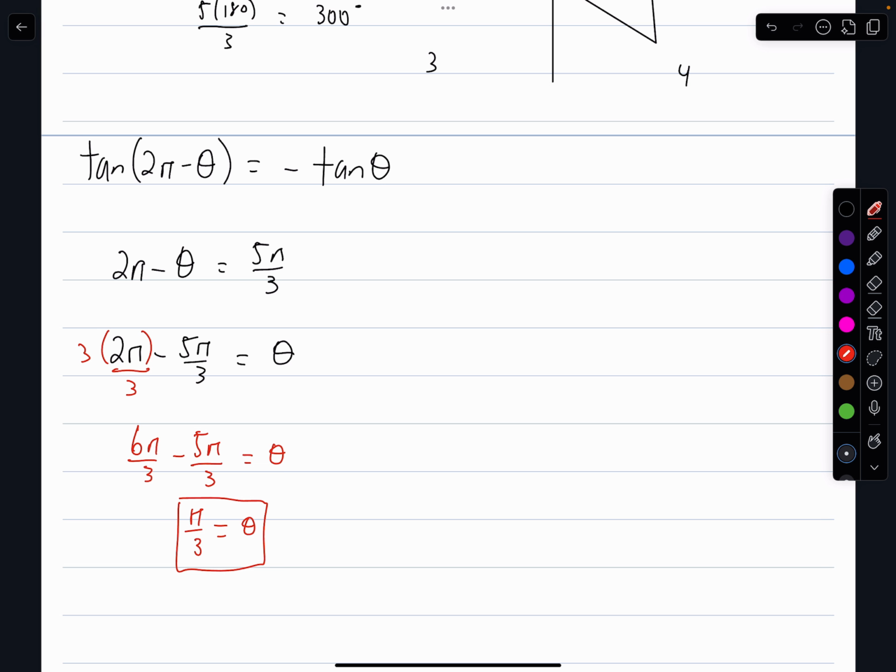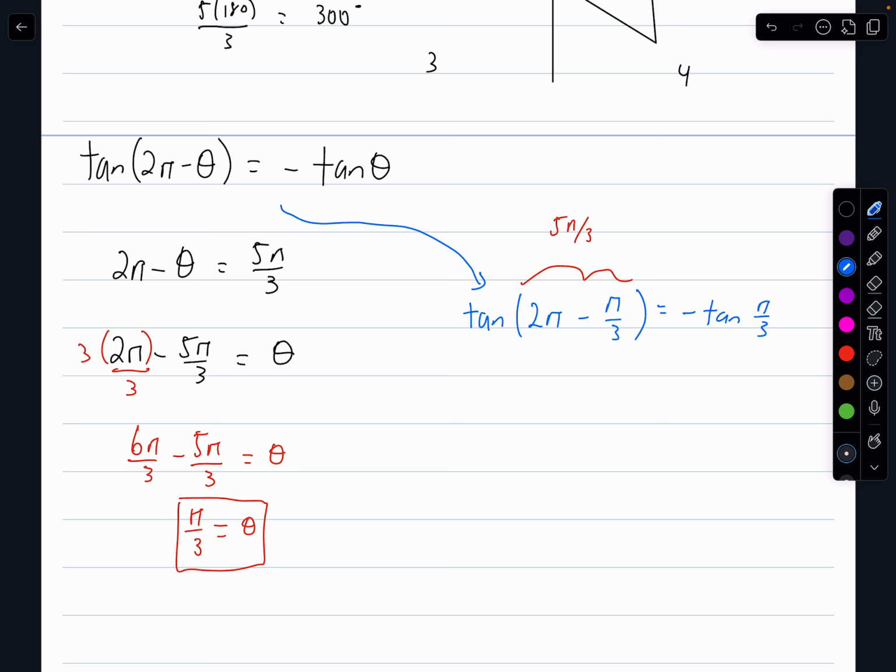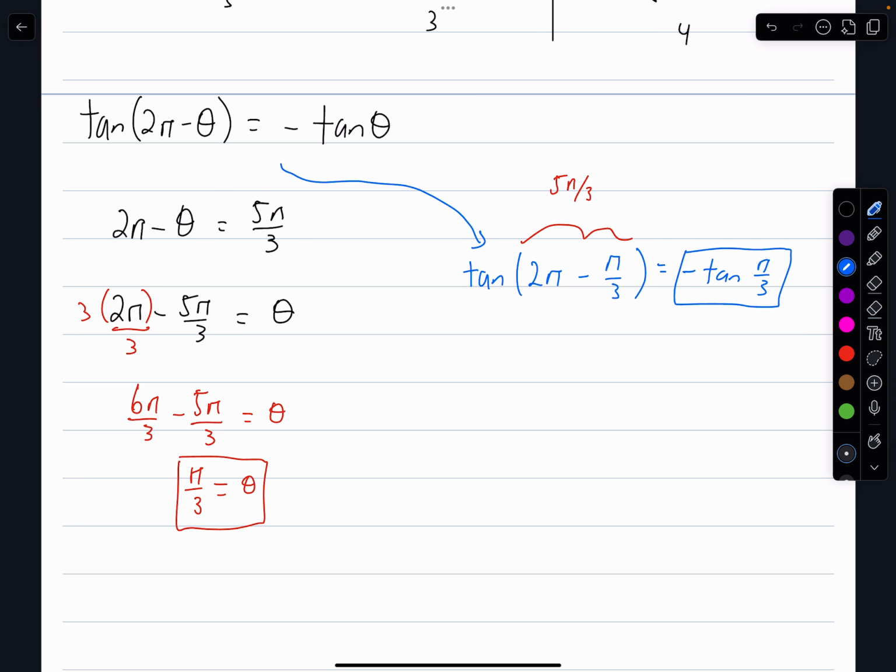Now, if pi over 3 is equal to theta, then I can say tan of 2 pi minus pi over 3, which is technically my 5 pi over 3 right here, is equal to negative tan pi over 3. And this right here, my friends, is my equivalent trigonometric expression.